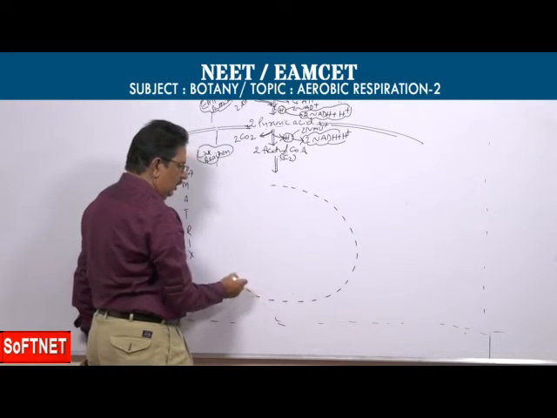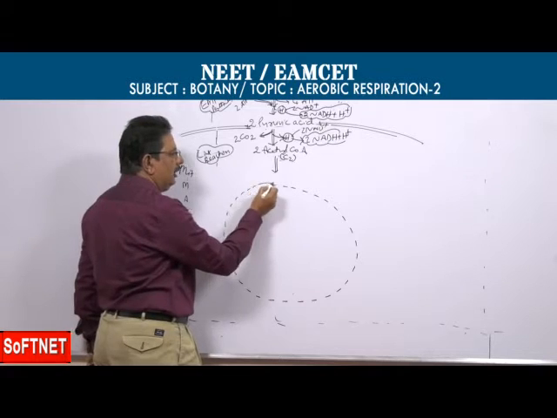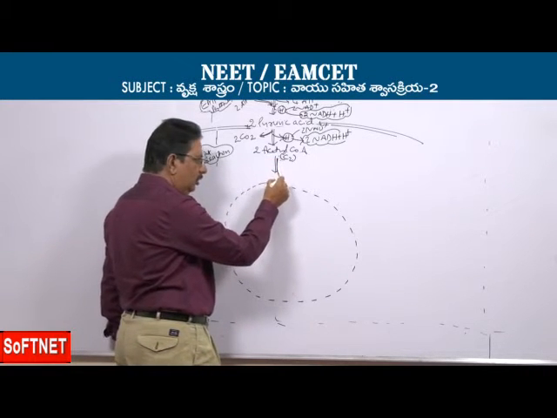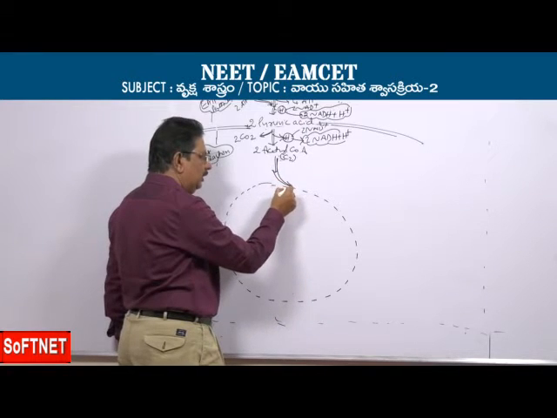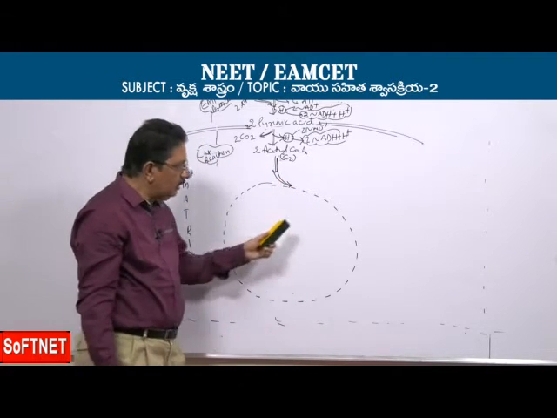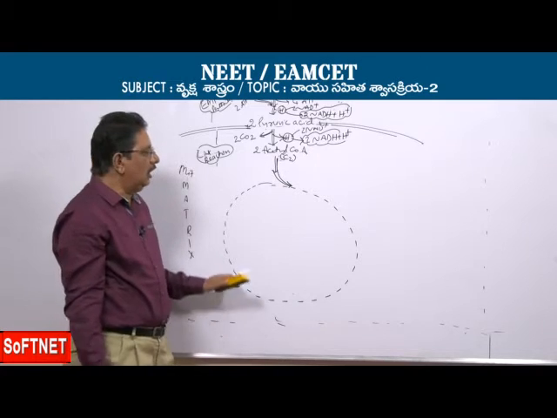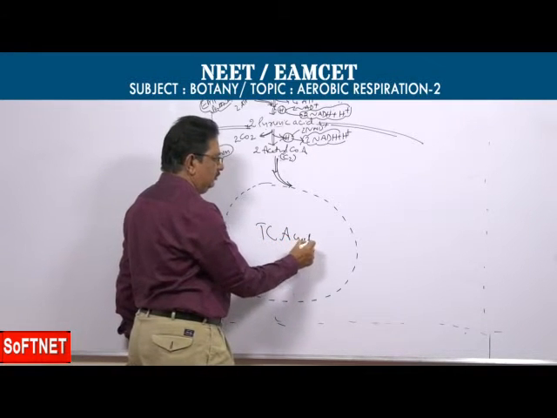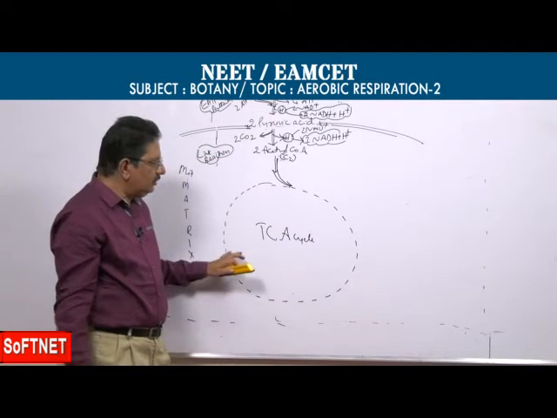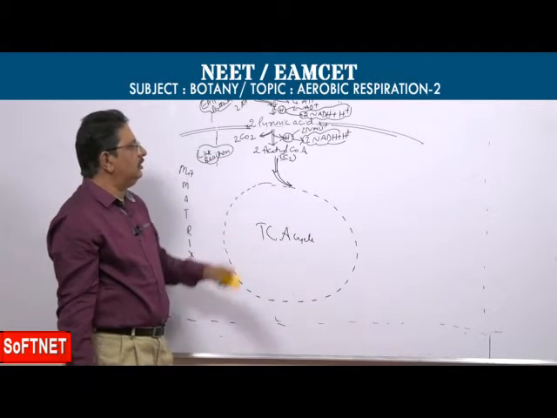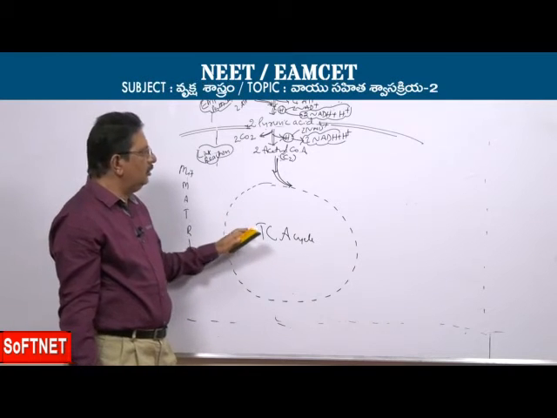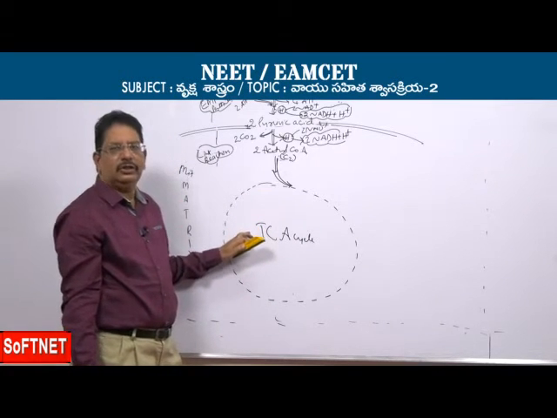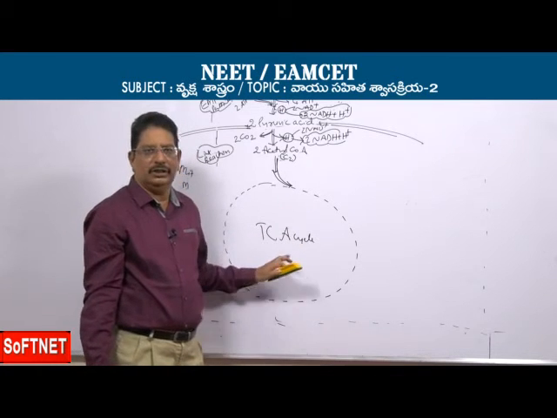So, the so-called end product of link reaction, that is acetyl coenzyme A, is going to participate in a cyclic pathway called TCA cycle. In a TCA cycle, the acetyl coenzyme A is going to undergo complete oxidation and decarboxylation.